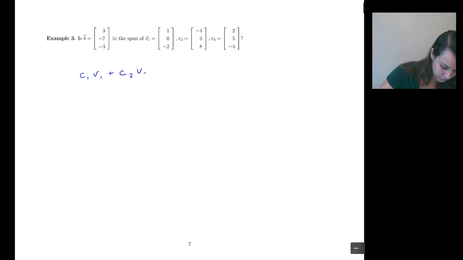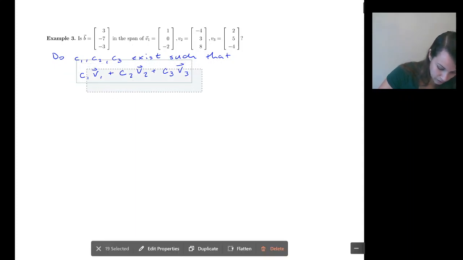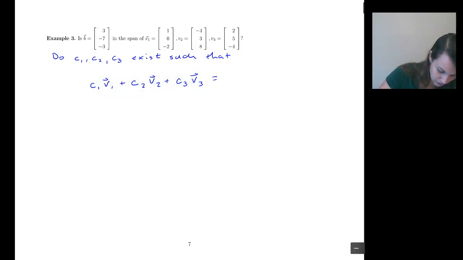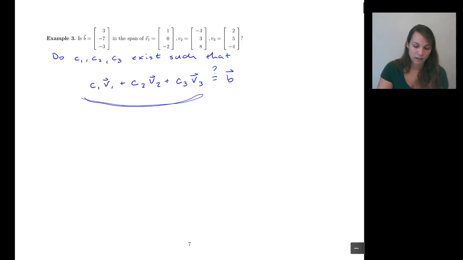We want to know if constants C1, C2, C3 exist such that their linear combination is equal to B. So if this is the linear combination, can we find constants so that it's going to be equal to B?